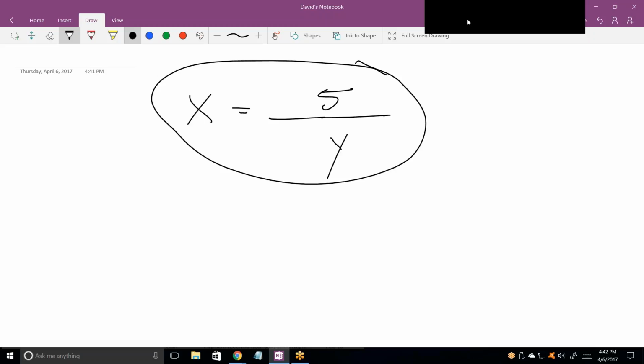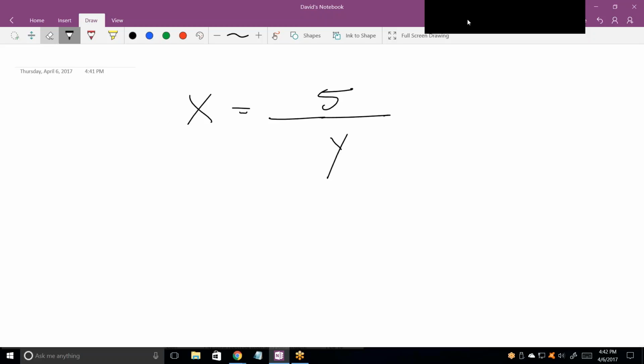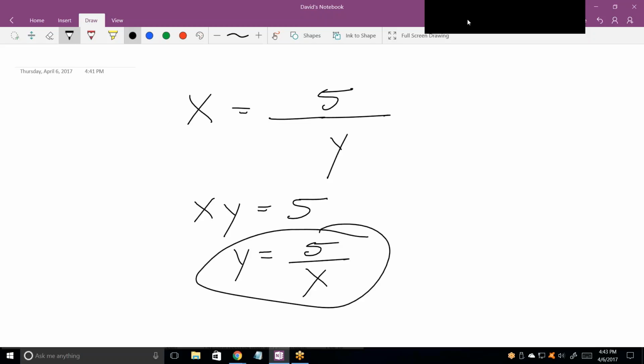We need the final thing to be y equals something, so it's got to end up in the numerator at some point. The way we do that is multiply both sides by y. And that gives me xy equals 5. Now, solve for y. Okay, so then you would divide by x. Now, what kind of relationship is that? Inverse.